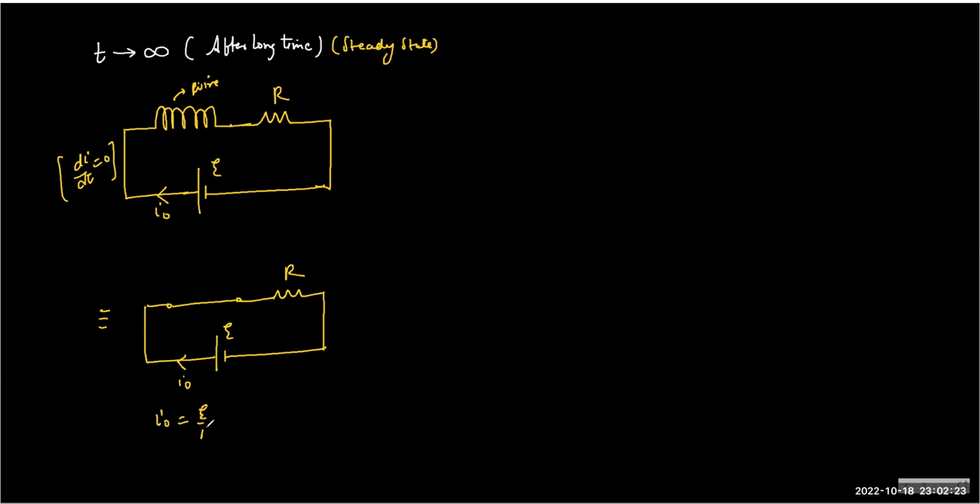We can just write E by R. So as a note, at t tends to infinity, the inductor will act as a short circuit.